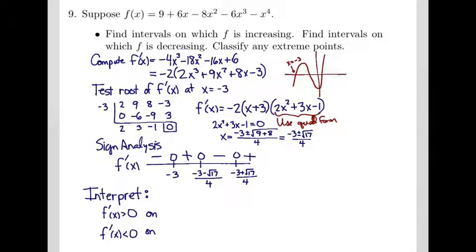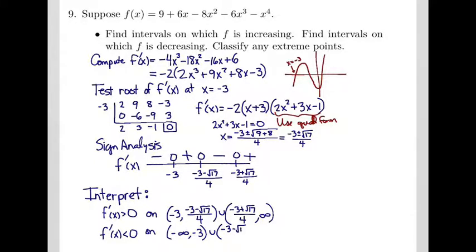Based on my sign analysis, my first derivative has a positive sign on the intervals -3 to -3 minus root 17 over 4, and also the interval -3 plus root 17 over 4 to infinity. While it's negative on the interval -infinity to -3, as well as, so we do a union, on the interval joining my 2 quadratic formula roots.